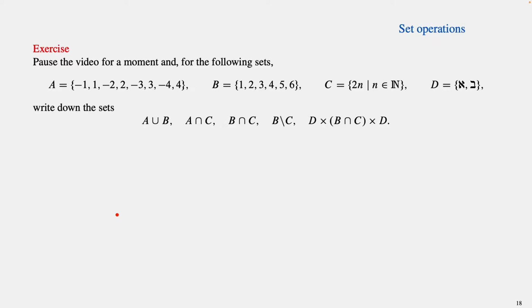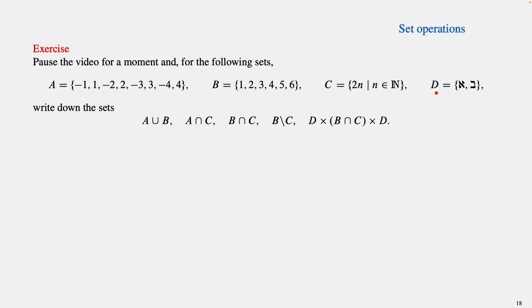Now, a little exercise for you to get used to the set operations. So pause the video for a moment and write down these sets for the given following sets. So here we have the numbers -1, 1, -2, 2, -3, -4, 4 in the set A. B contains the numbers 1, 2, 3, 4, 5, 6. C contains all the numbers 2n, where n is from the natural numbers. So these are the even natural numbers.